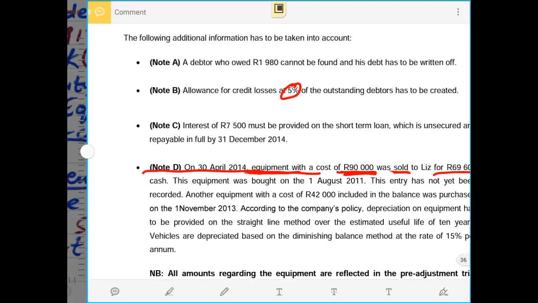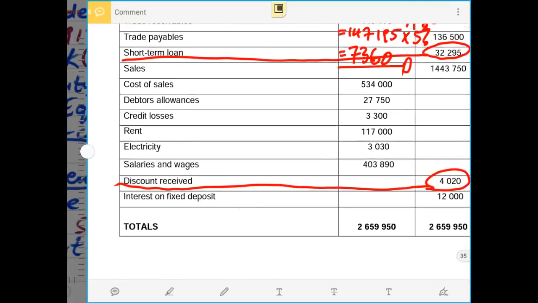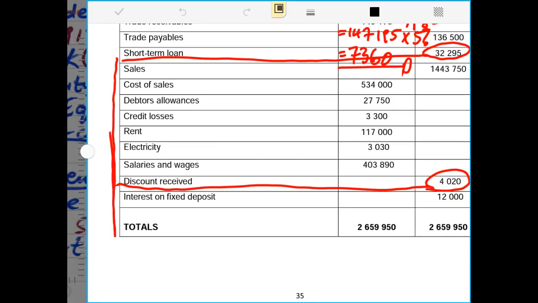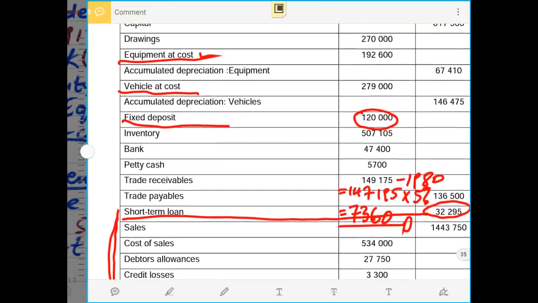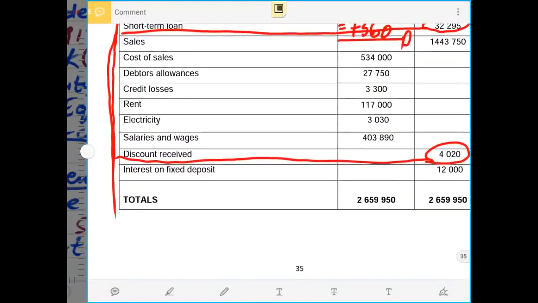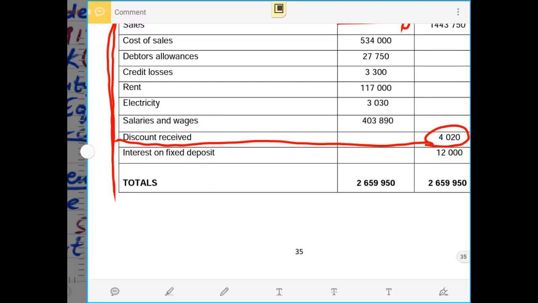So now there is a link with this question paper. They are telling us that we must provide for the interest expense. It means this interest is the interest for the year. And if we go to the trial balance, there was no interest expense that was paid. You can look at all the expenses here. There is no interest on the loan that was paid. And you can go up, there is no interest that was paid. So it indicates that the interest of 7,500 is still accrued. It's not yet been paid.